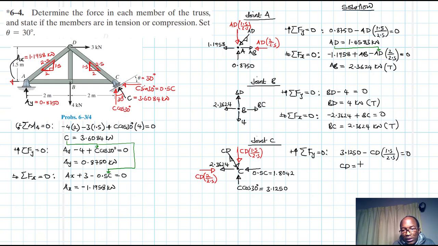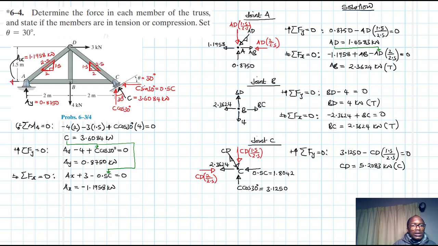Great. So this one is equal to 5.2083 kilonewtons, and this is in compression, right? So we have found all of them, right?